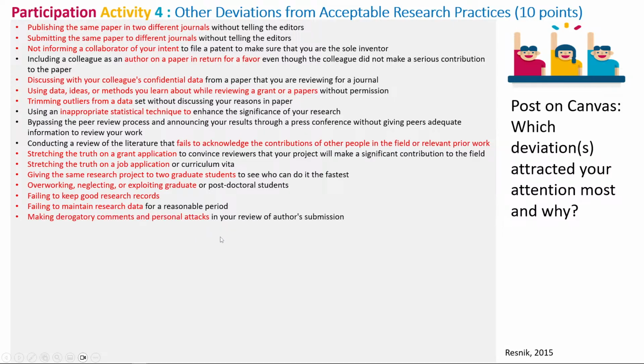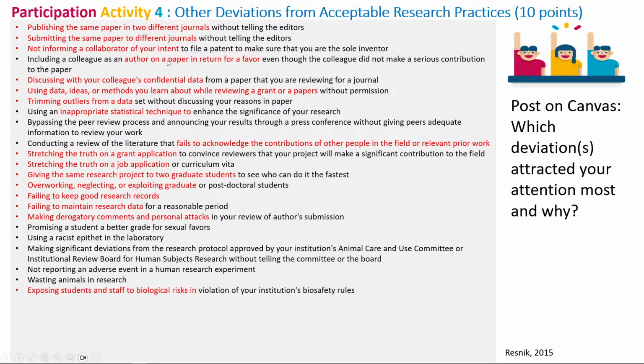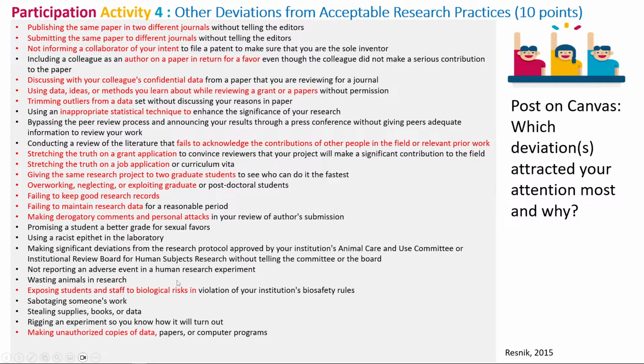Maintain research data for a reasonable period. We talked about this. Anyway, I'm not going to go through all of this list. That's your homework, or your participation activity: you read this list, including making unauthorized copies of data, exposing students to biological risk, and so on, like not disclosing financial interest.